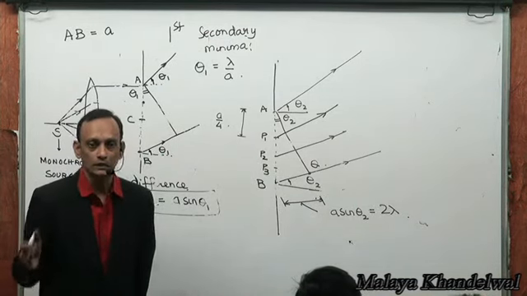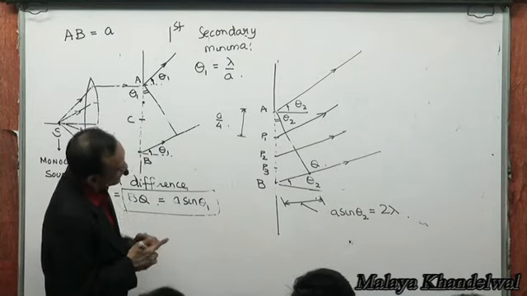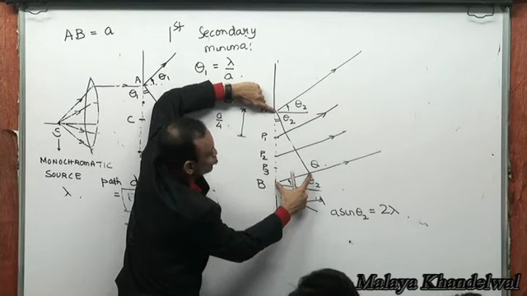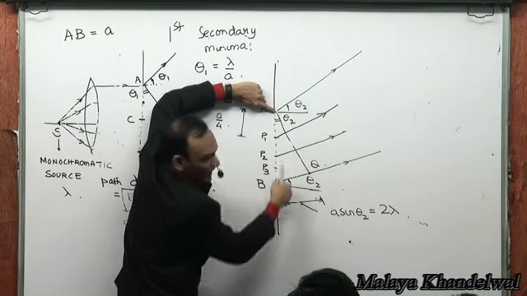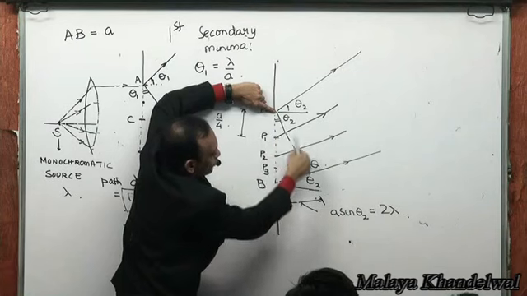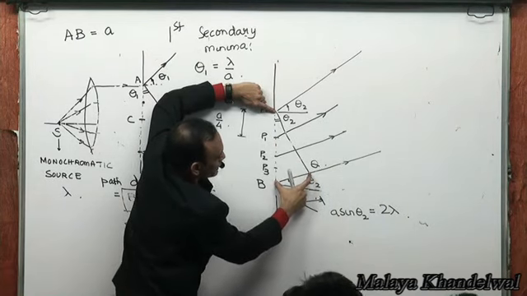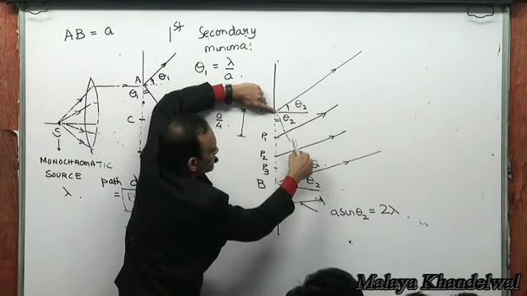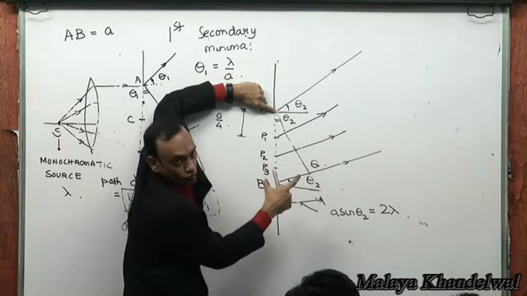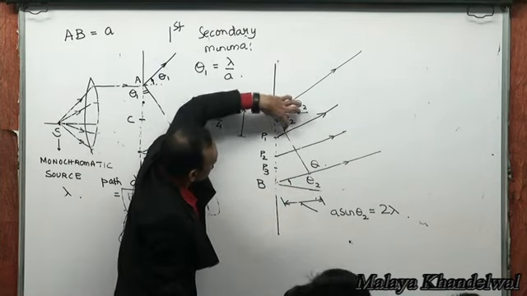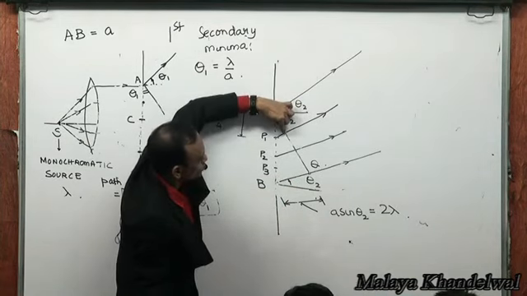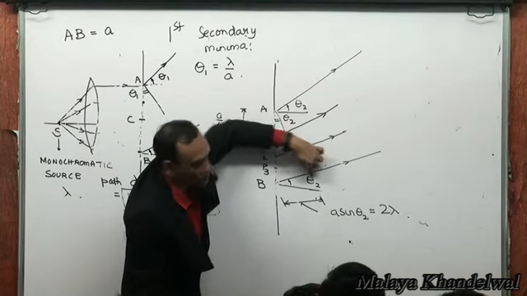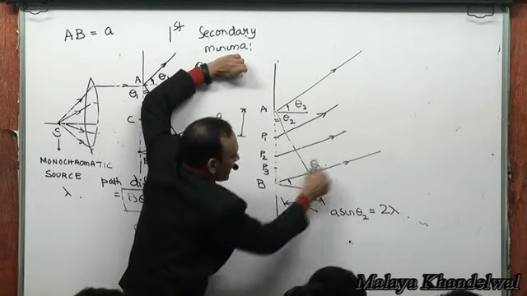Do you realize that this length grows from 0 to 2 lambda over A, in four equal divisions? If this is 2 lambda, that means each time it must have increased by lambda by 2. Yes or no? Because first it increased from 0 to some value and then increased by the same value from here to here, and again from here to here. So in 4 parts it increased by 2 lambda.